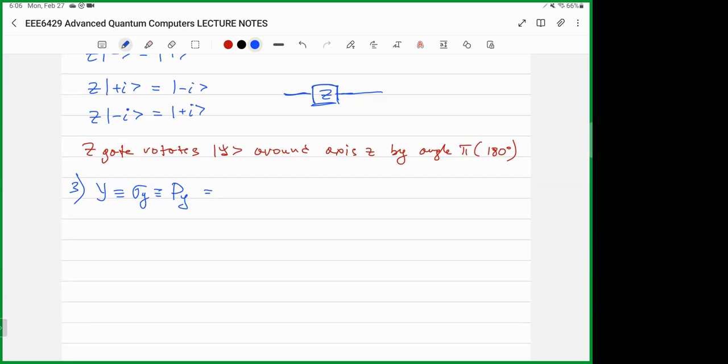Again, it's represented by the sigma Y Pauli matrix, which is 0 minus I, I 0, and in the outer product representation it is minus I 0 1 plus I 1 0.